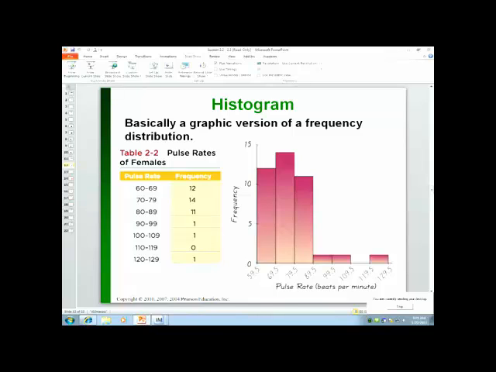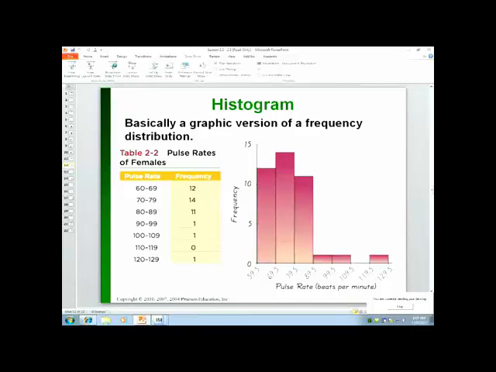Notice along the horizontal axis, we would have a couple of things you can use. You could use the lower class limits, but it kind of makes sense to use your class boundaries. Again, your class boundaries are the fence posts, and you don't want anybody straddling a fence post.